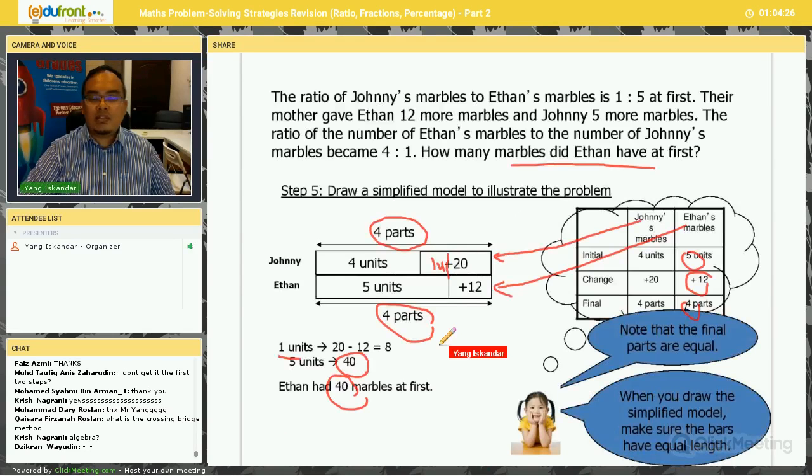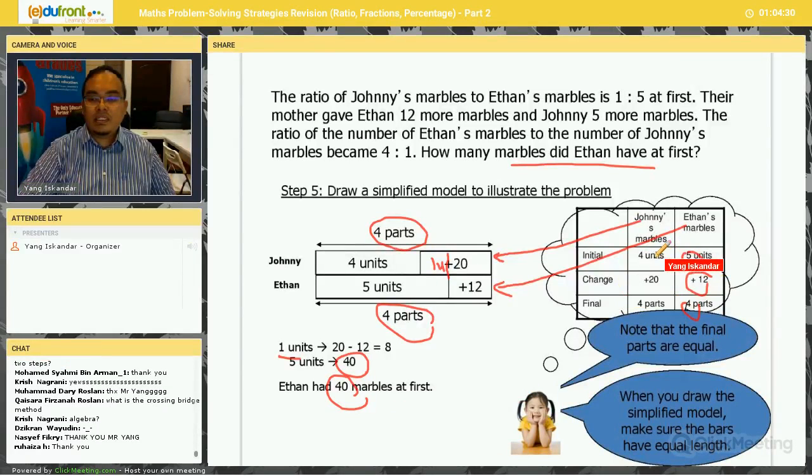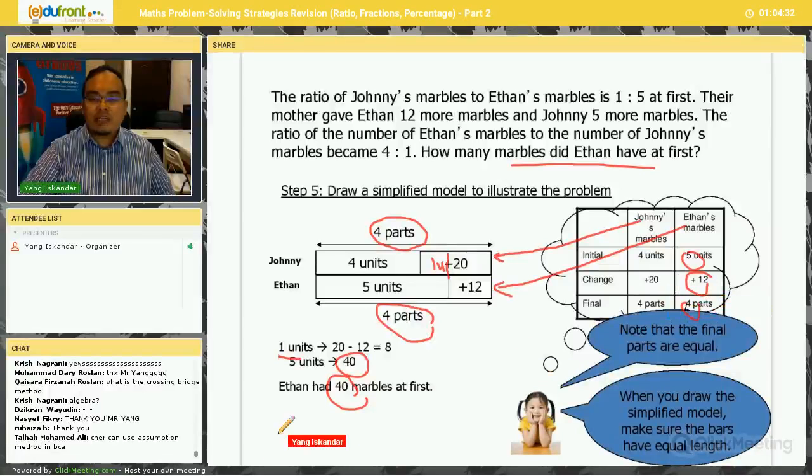Okay, what is the algebra method? I'll just show you. Since the parts are the same, right? So you can see here 5 units plus 12 is equals to 4 units plus 20.